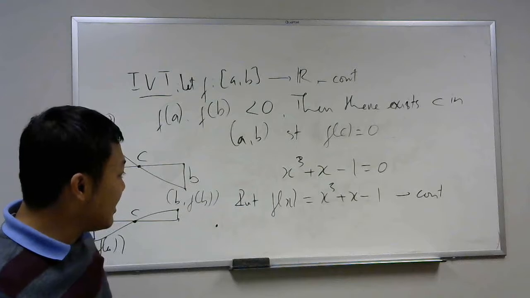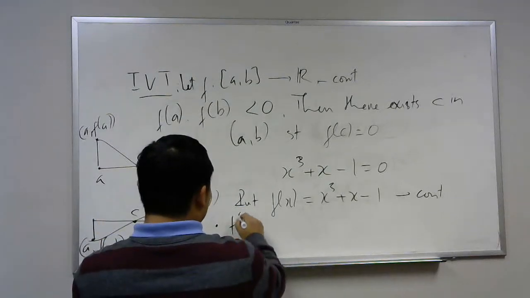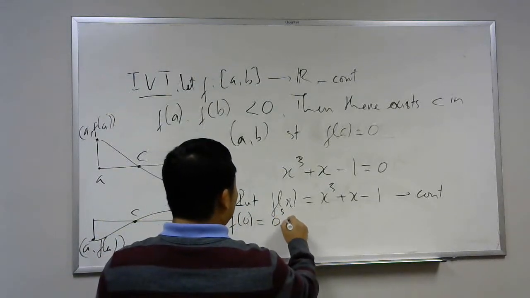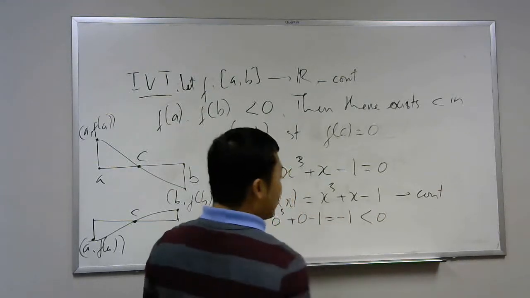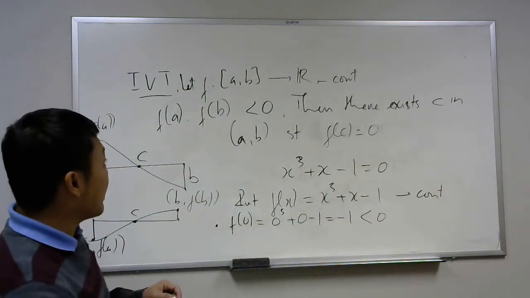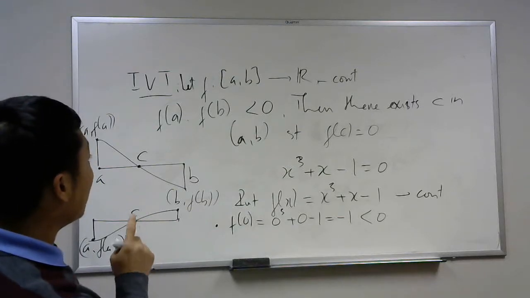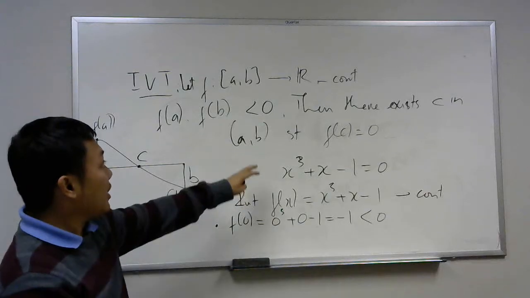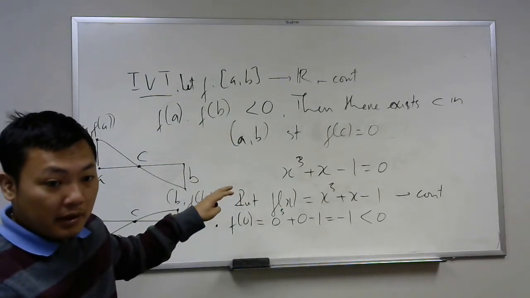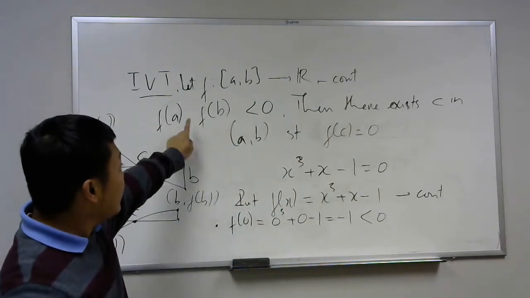That is the easiest point. So f(0) is 0 cubed plus 0 minus 1, which is -1, less than 0. So if I find another point where the function value is bigger than 0, I can apply the IVT theorem.